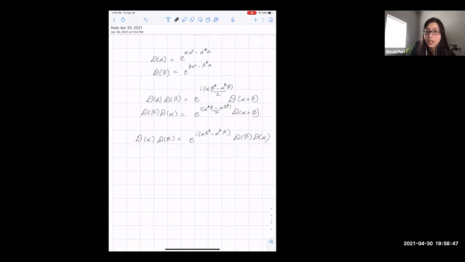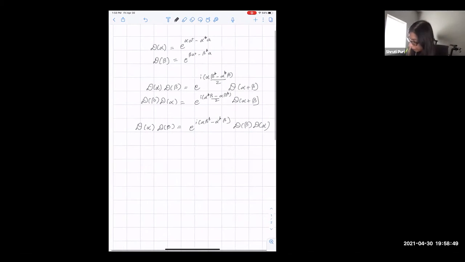Okay, so now you see that if I choose alpha beta star minus alpha star beta to be equal to plus or minus 2 pi i, then this is going to commute.